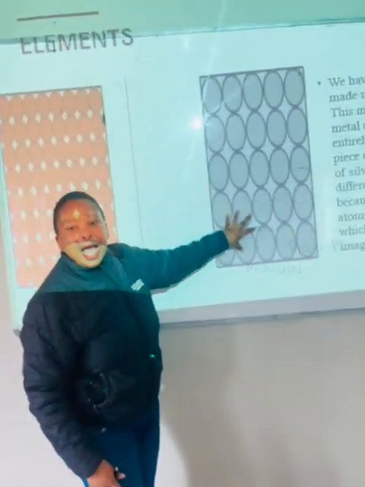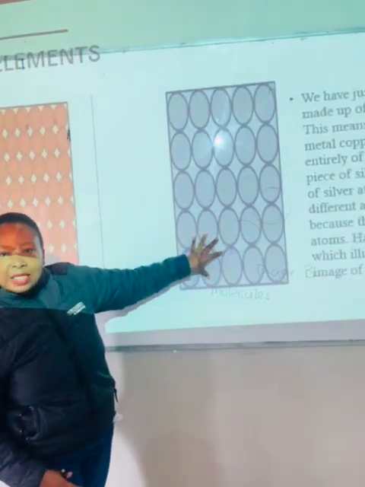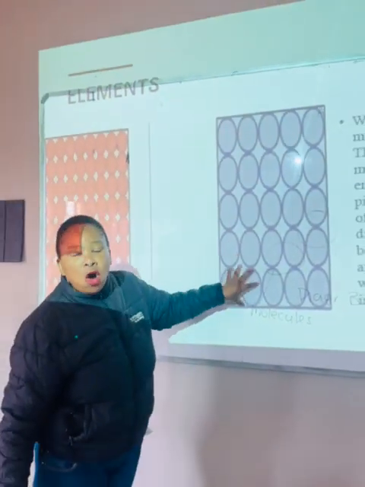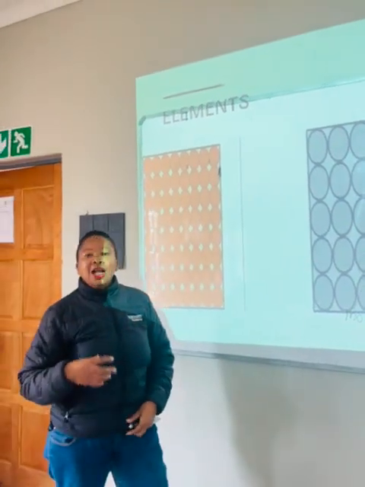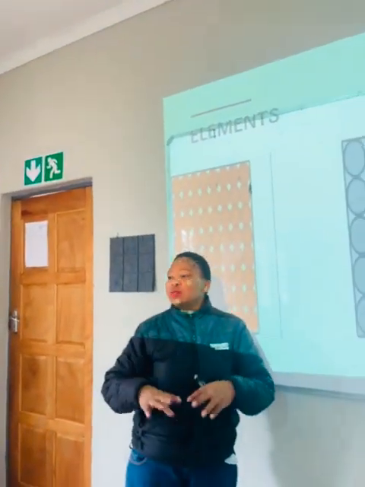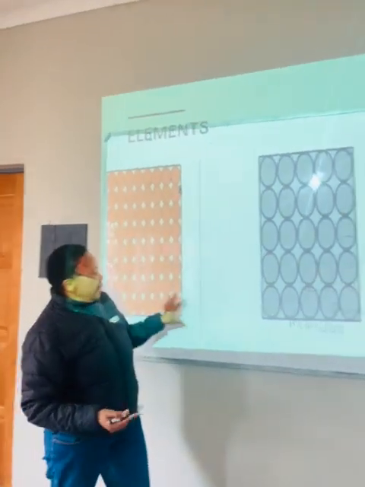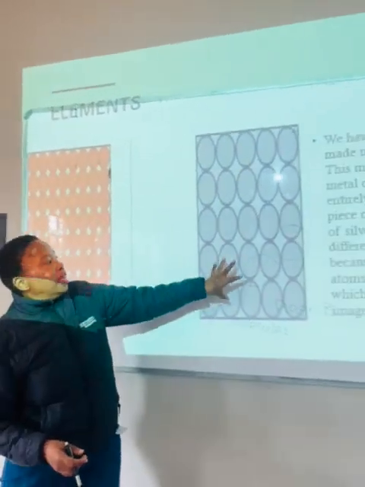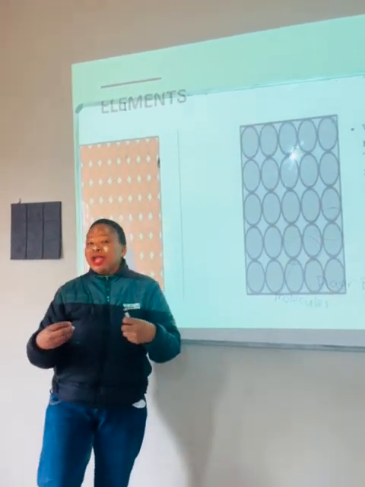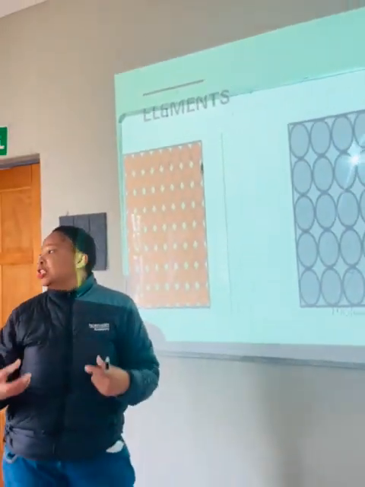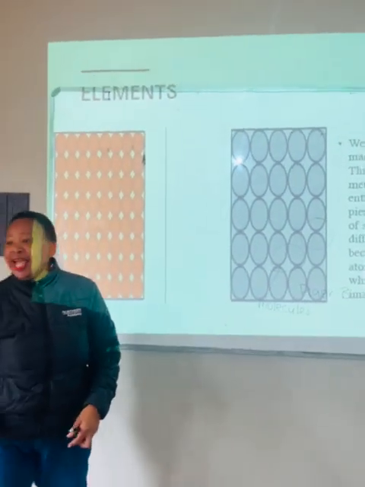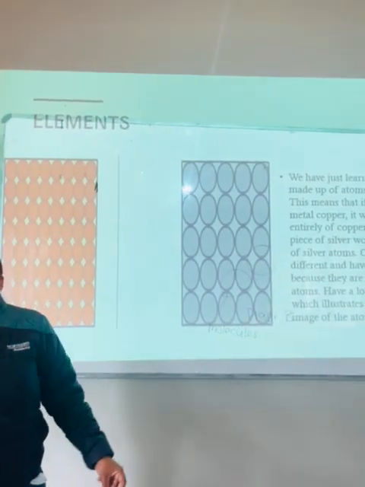The same applies to the silver element. Silver is made up of silver atoms only, meaning that atoms are unique to an element. That is why these two elements are different from one another and have different properties, because they contain different atoms.